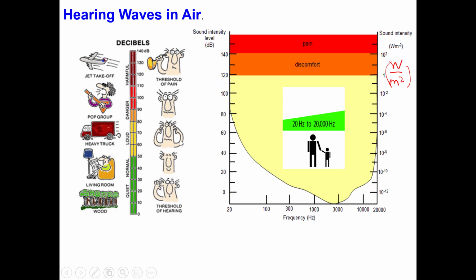In this scale, let's see what are the intensities of the sounds we can tolerate. From 0 to about 30 decibels corresponds to quiet sound. From 30 to 50 decibels corresponds to normal sound, like my voice right now. Then 50 to 80 decibels corresponds to loud sound.